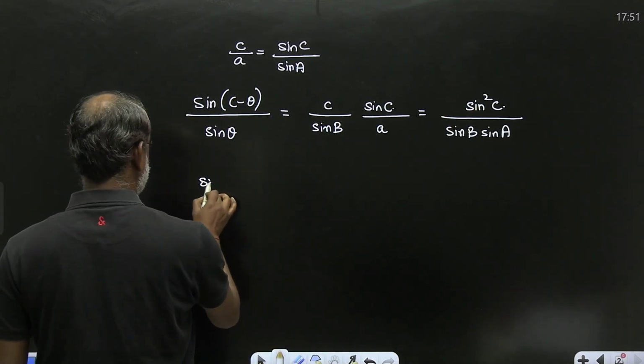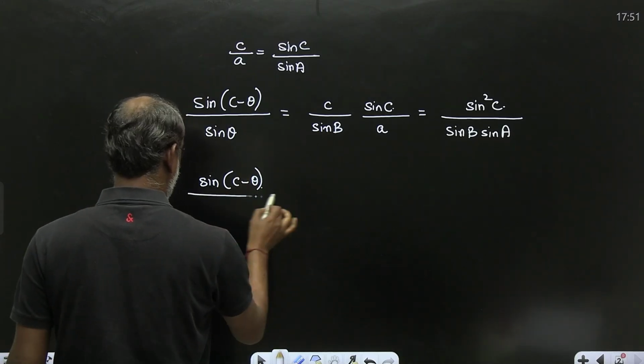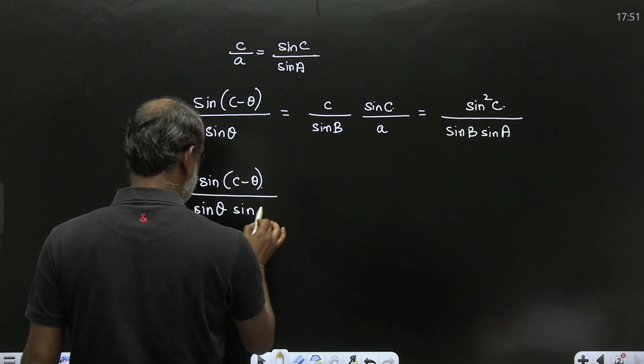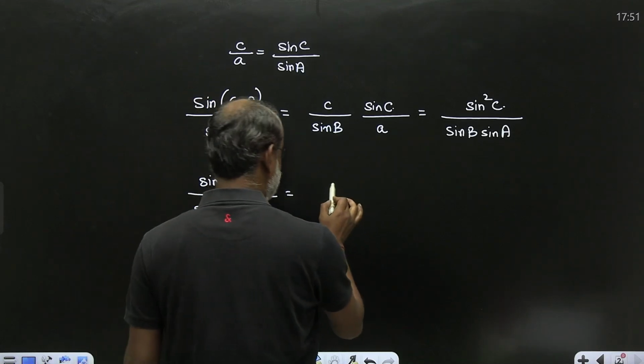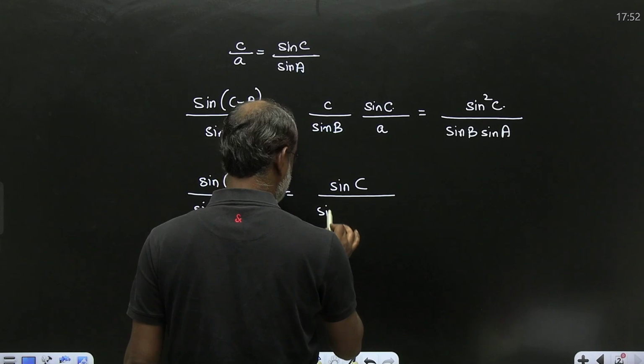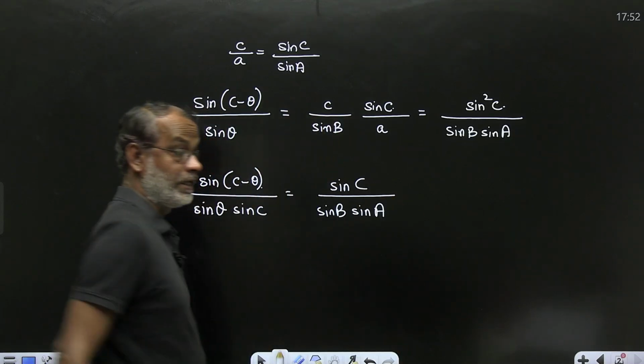Sine C minus theta upon sine theta sine C is equal to sine C upon sine B sine A. What is sine C?